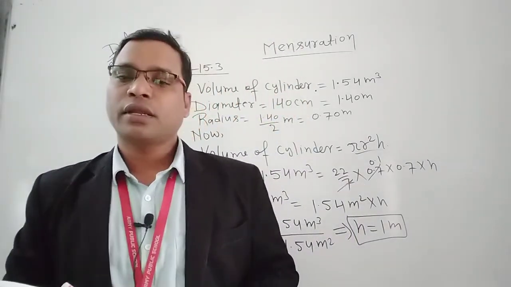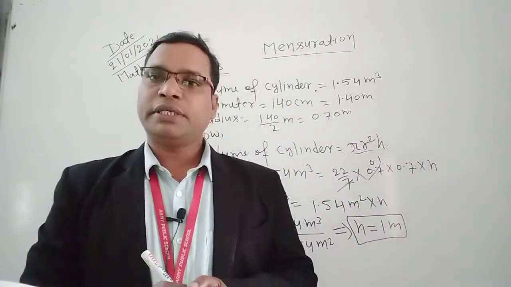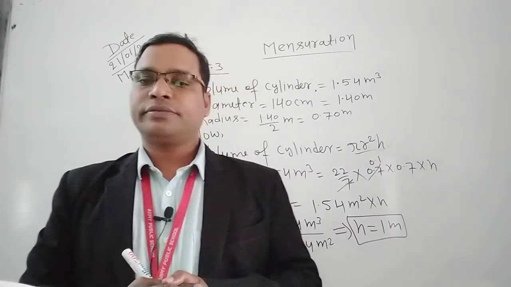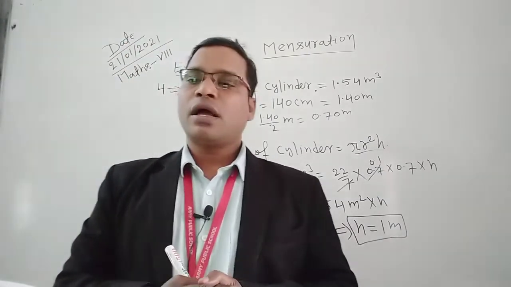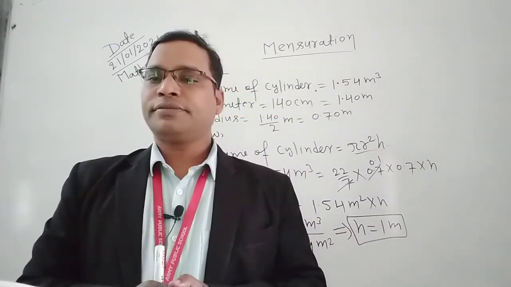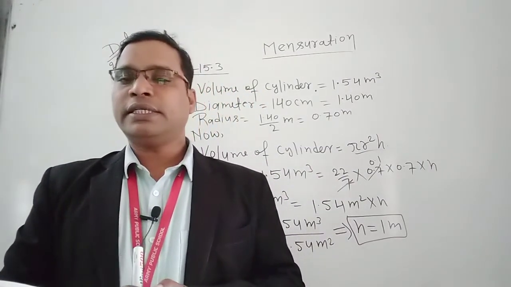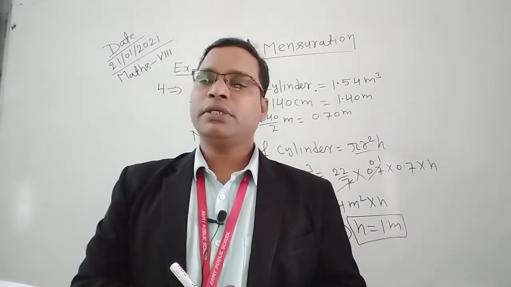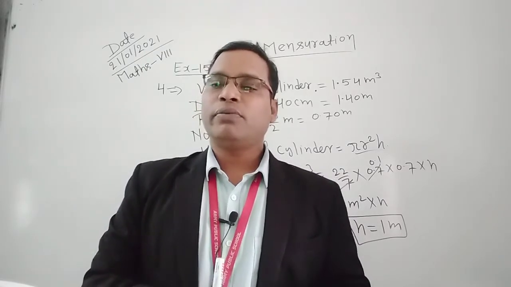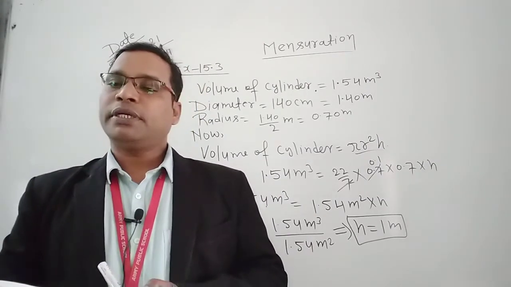The area of cross section of a pipe is 5.4 centimeter square, and water is pumped out of it at the rate of 27 kilometer per hour. Find in liters the volume of water which flows out of the pipe in 1 minute.